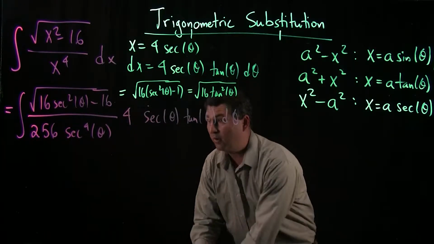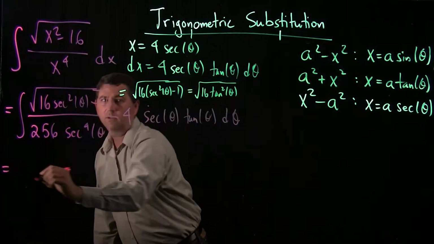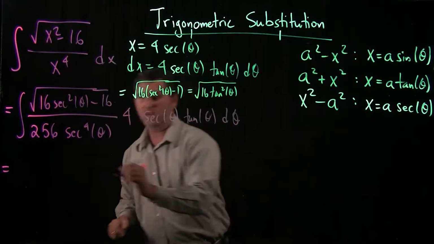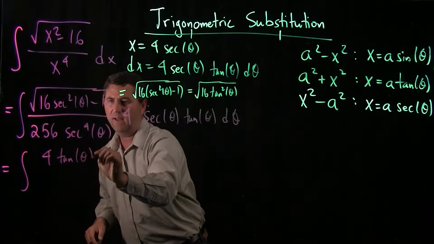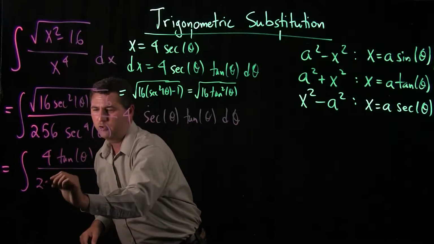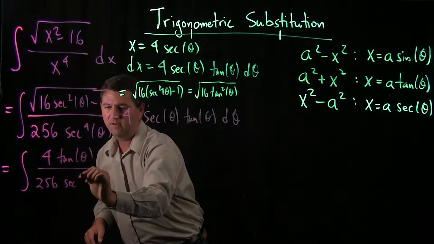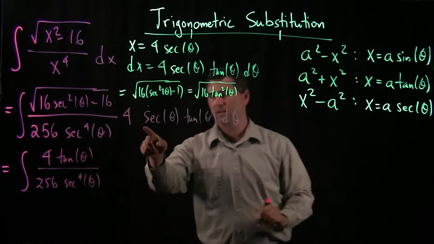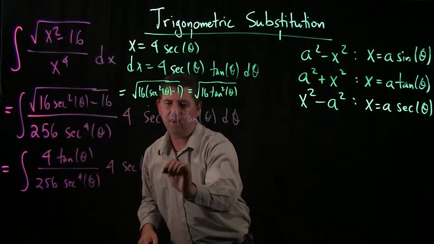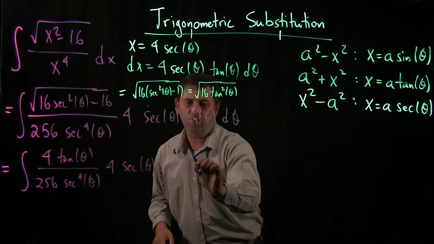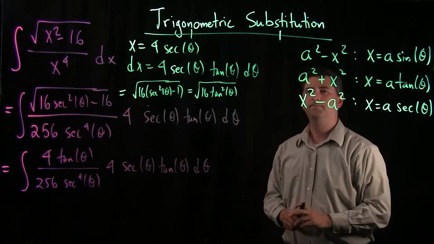Let's do our simplification. Another line: the square root of 16 tangent squared was 4 tangent of theta, over 256 secant to the fourth theta, times 4 secant of theta tangent of theta d theta.